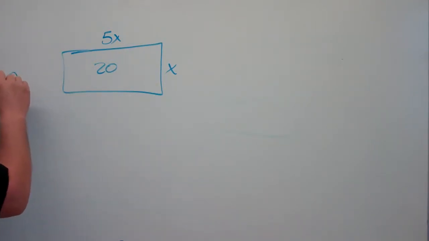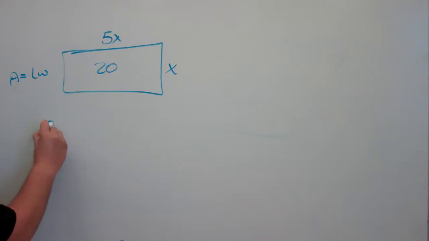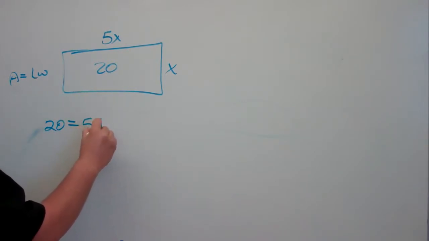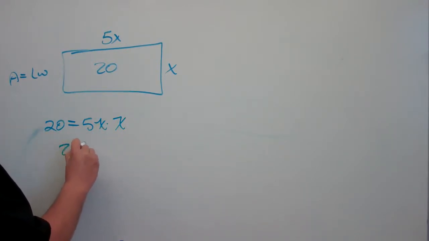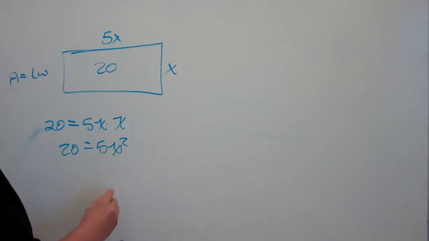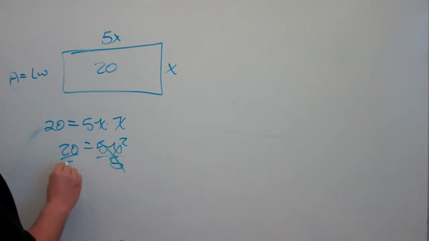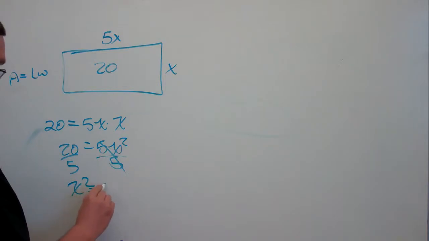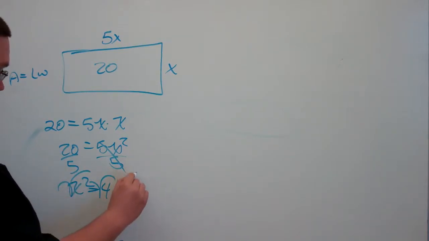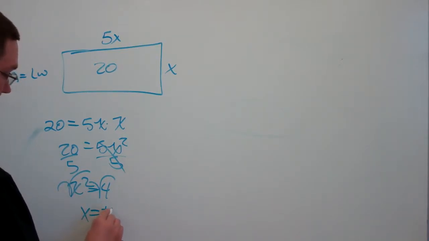Remember, for the area of a rectangle, it's length times width. So our area, which is 20, should equal 5x times x. So 20 equals 5x squared, and now just solve for x like we've been doing. X squared equals 4, square roots. X equals positive or negative 2.